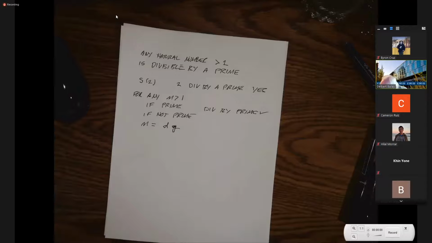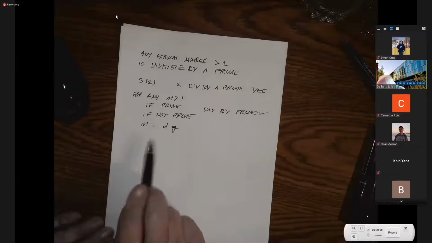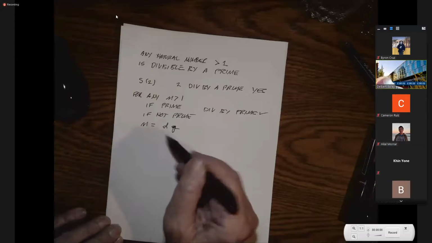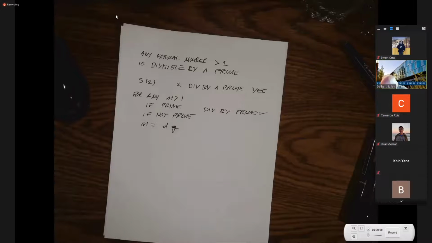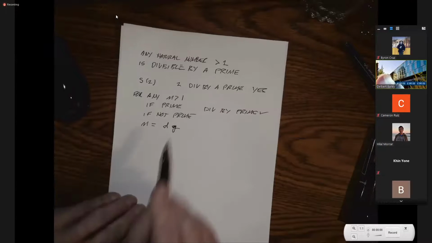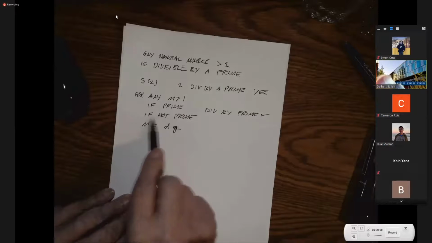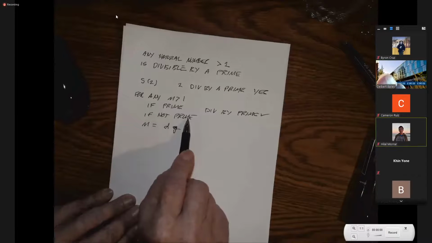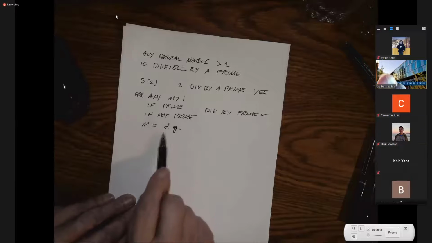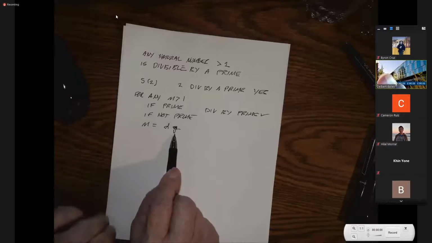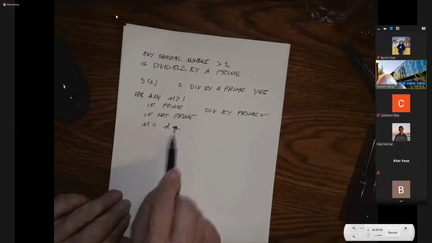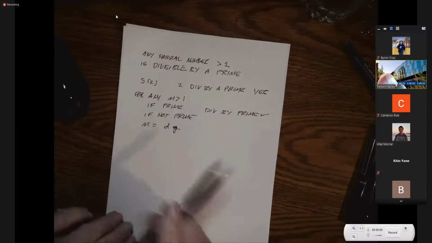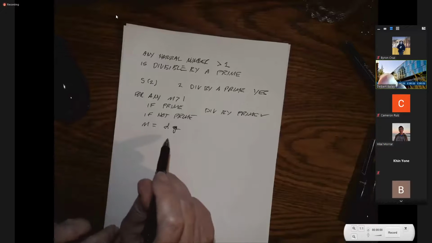Both of these numbers, neither one of them is a, well, we don't know that. Okay, so anyway, if n's not a prime, then it must be factorable into 2 numbers where neither one of them is 1, right?